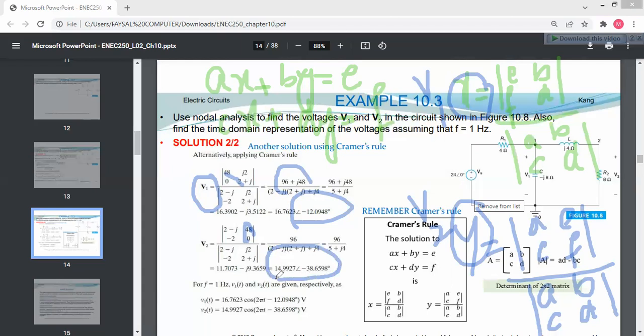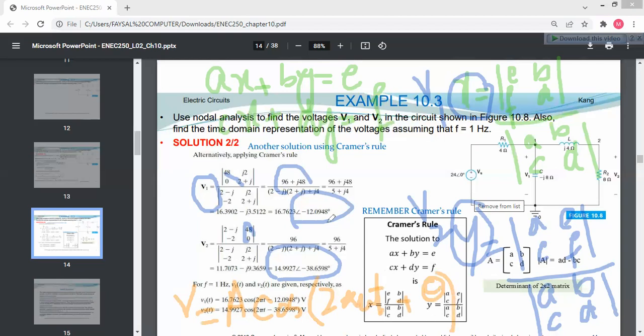As we know that the value of voltage or current equals amplitude A into cos of omega t with respect to the phase angle theta.